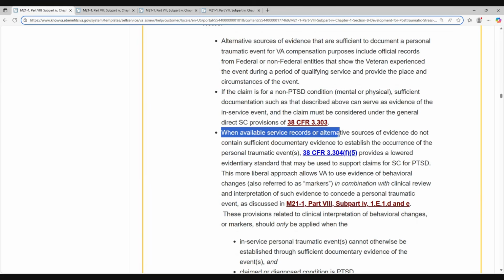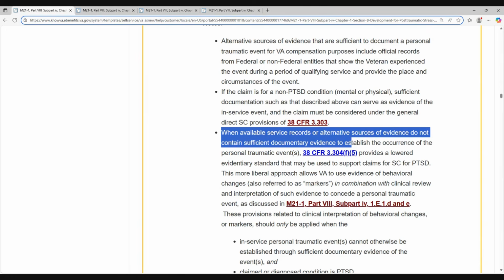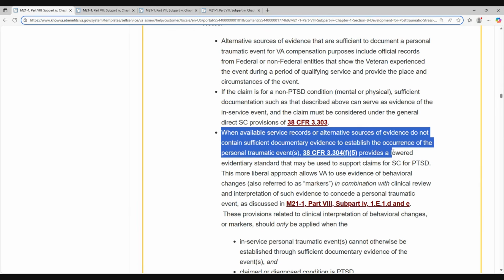When available service records or alternative sources of evidence do not contain sufficient documentary evidence to establish the occurrence of the personal traumatic events, then we're supposed to use 38 CFR 3.304(f)(5), which is the markers.